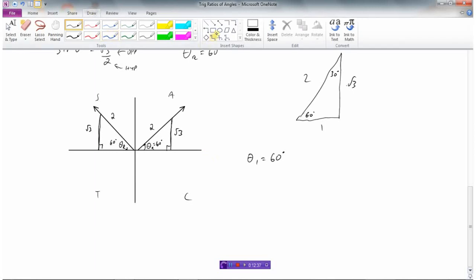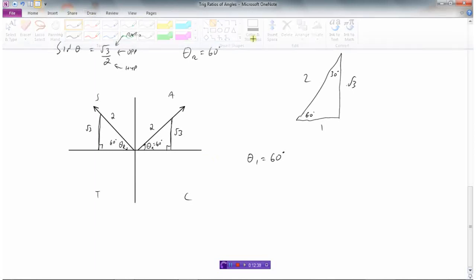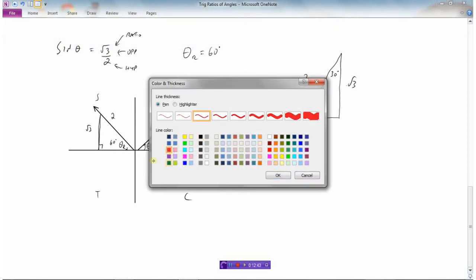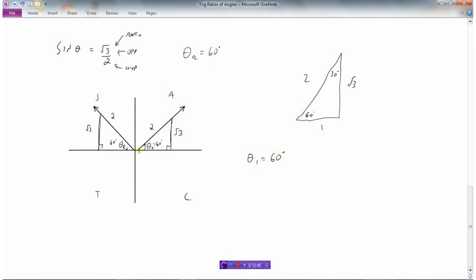So our initial arm was right here. So we're measuring from here, so we want this angle, which is 60 degrees, and then we also want this one, because this would be the angle theta to get to our terminal arm over here.